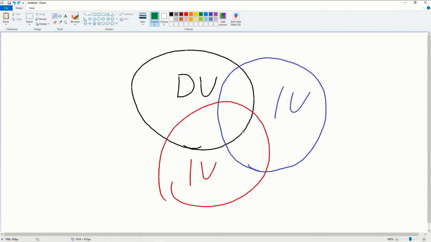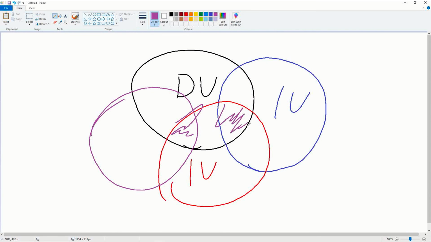So if I was to remove this and put in a third circle, if we assume that this red here is building, by removing building, we freed up all of the overlap. And so each of our predictors have now been able to take that unique variance that's being freed up by removing building.